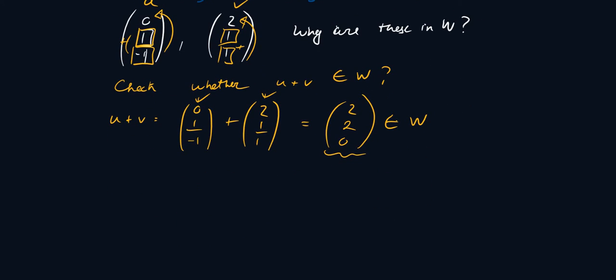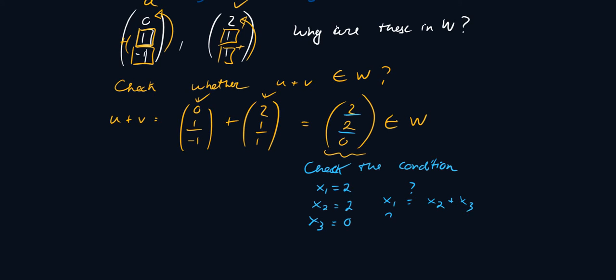So basically how you would check if this belongs to W is you would check the condition. My first component x1 is 2, my second component x2 is 2, and my third component x3 is 0. Now, is x1 equal to x2 plus x3?